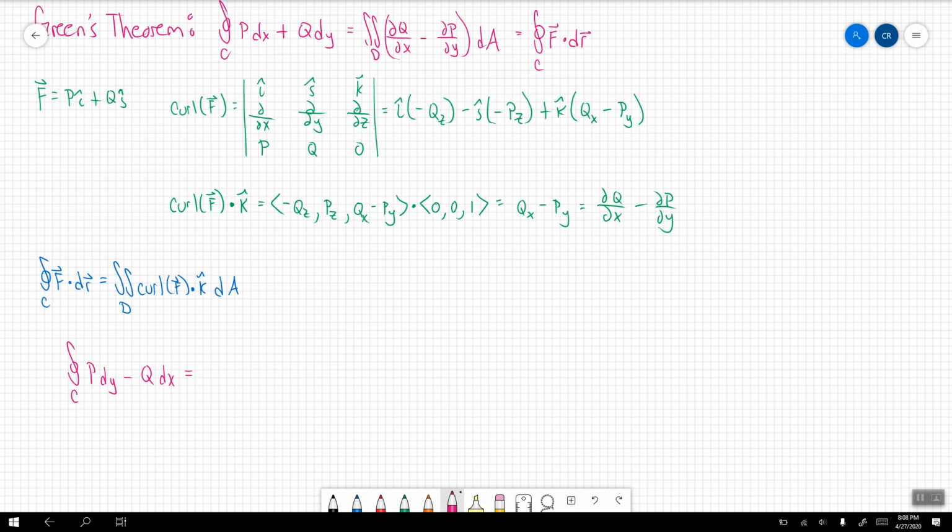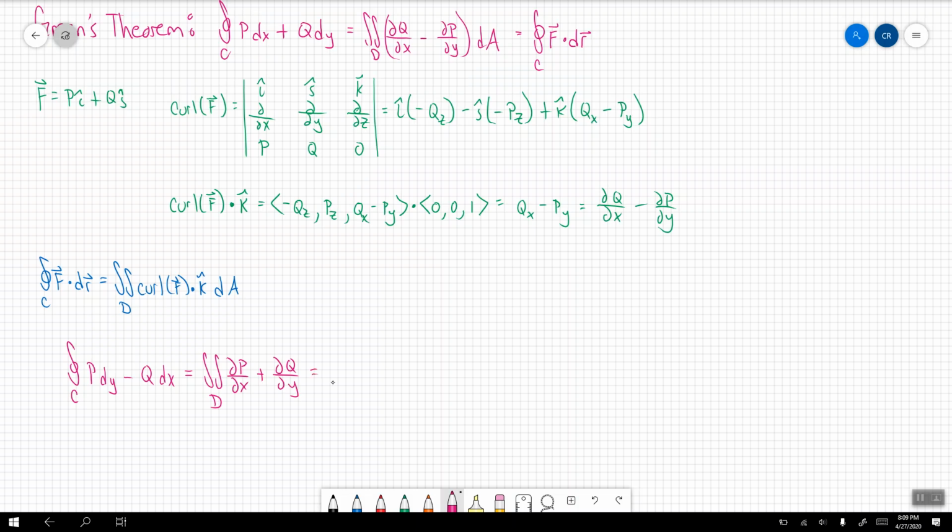This is going to be equal to the double integral over some region, or some domain, that the curve is enclosing. And this is going to give us the partial of P with respect to x plus the partial of Q with respect to y. So this is how we're going to be interpreting this theorem in using Green's theorem.